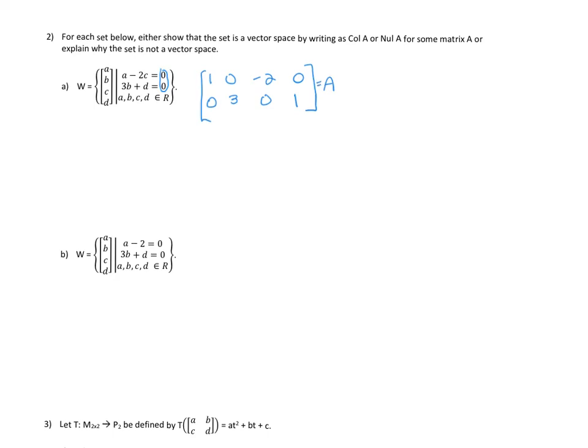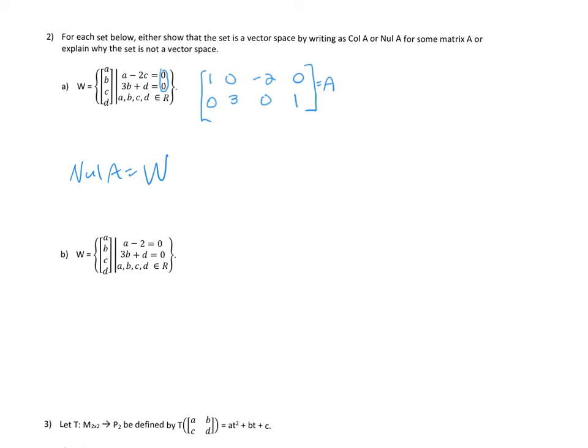Because the definition of Null A is the set of all vectors A, B, C, D that when you multiply A times them, you get 0, 0. So Null A equals W, which means that this is a vector space.